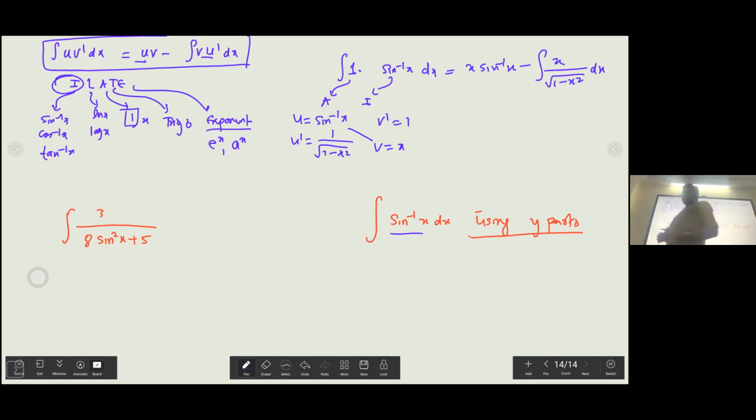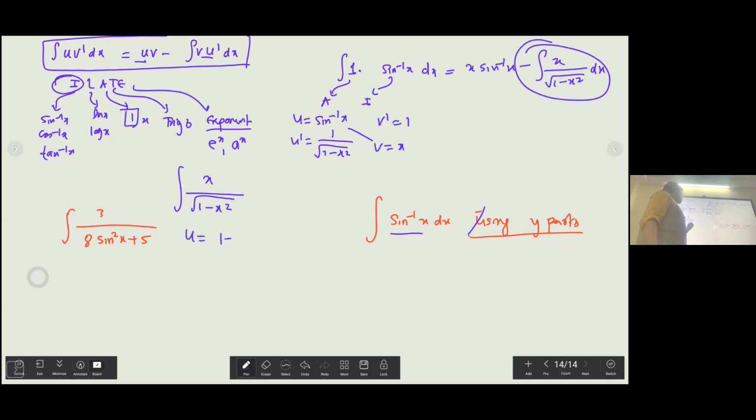So once we got till here, our next step is to actually integrate this part, integration of x upon root 1 minus x square, because once again, a lot of students surrender here. If I give you a simple question as x upon root 1 minus x square, you can do it simply by substitution. Let u be 1 minus x square, and du by dx is negative 2x. So dx is basically du upon negative 2x.